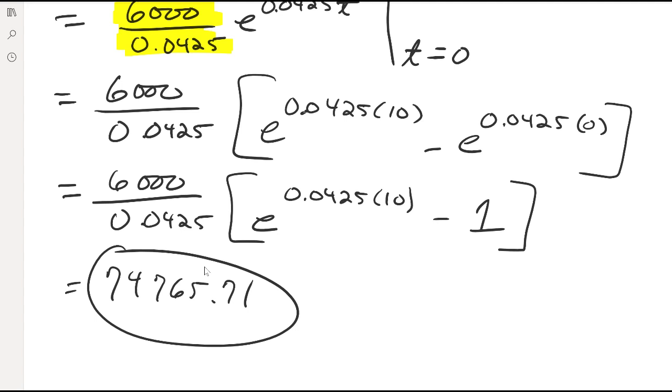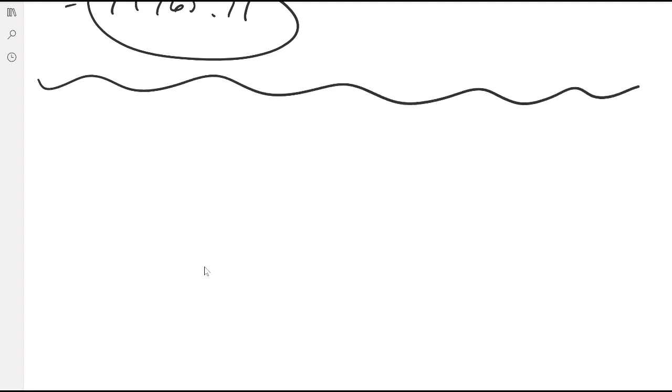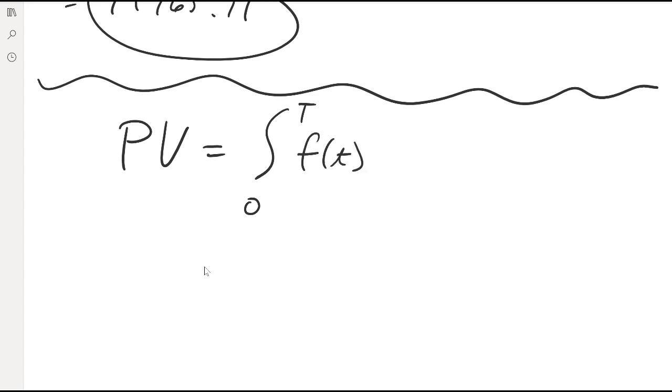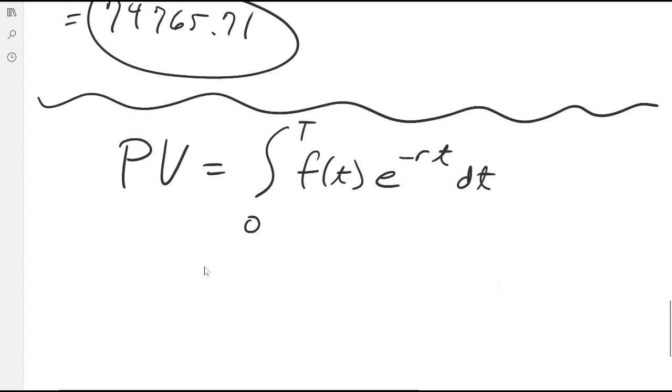Present value, on the other hand, is a slightly different formula. What if we want to know the present value of an income stream? It's the integral from 0 to t of our income stream times e to the negative rt, dt. Really quickly, where does the negative come from?